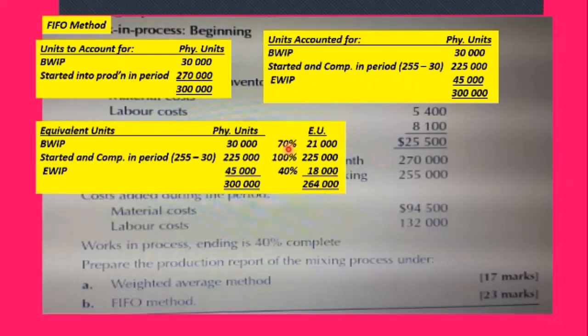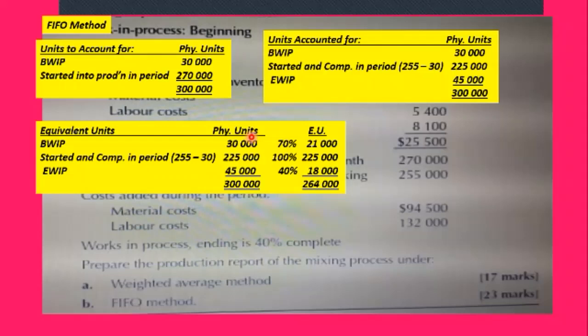We could use the same thing here. We bring them there as the physical units. We have accounted for them, so we can use them here. The beginning work in process, now this is something we have to know, otherwise we wouldn't be able to work these problems.